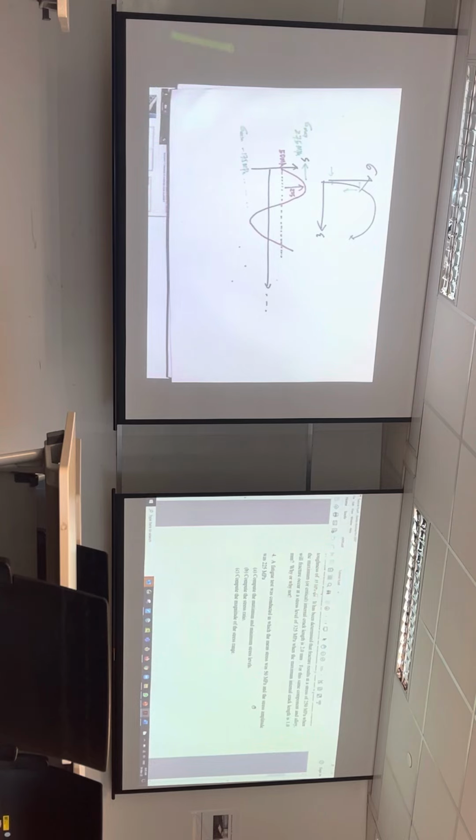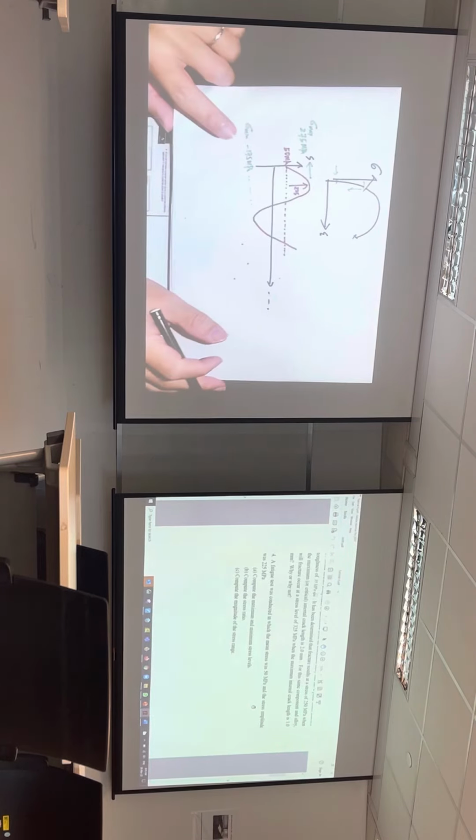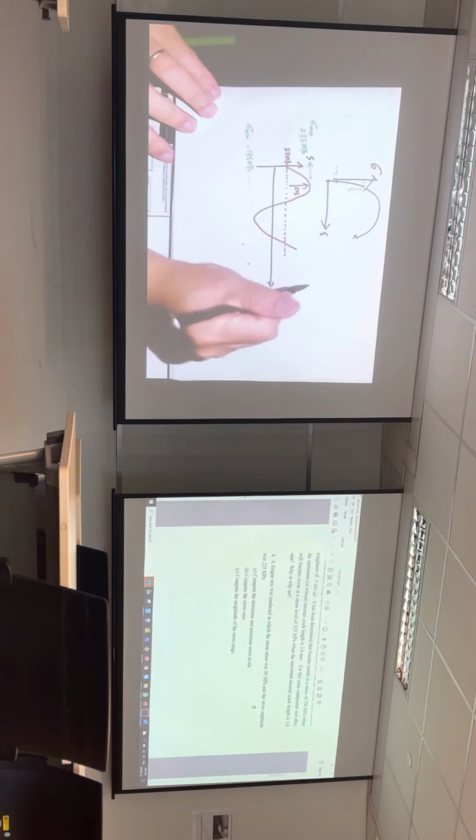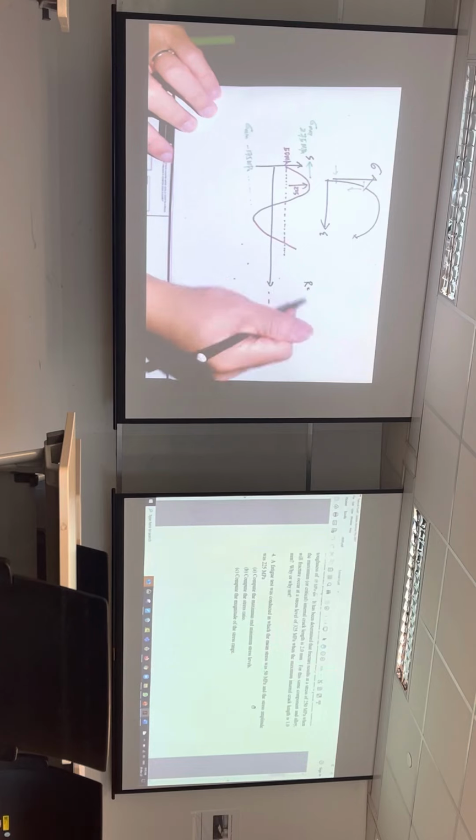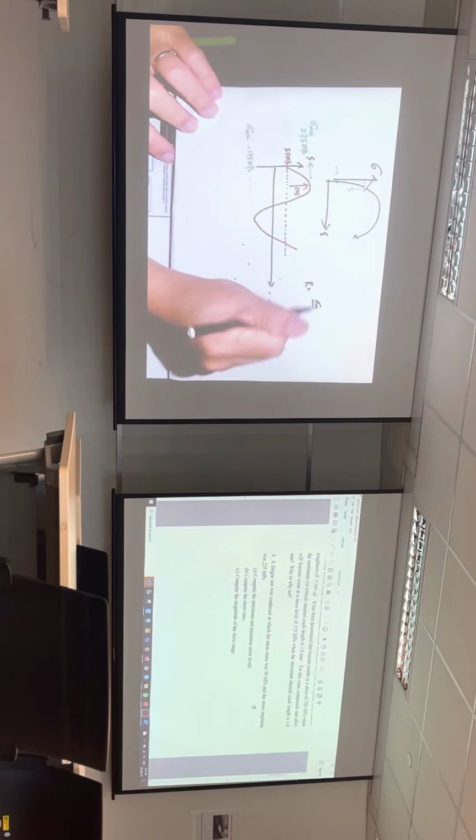So by just having the mean stress and the stress amplitude, you have the mental picture of what is the highest value, what is the tension, and the other one is compression. This is what you have. The stress ratio is sigma min over sigma max.